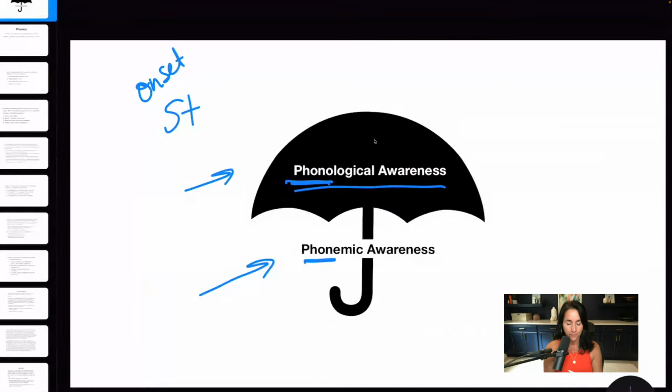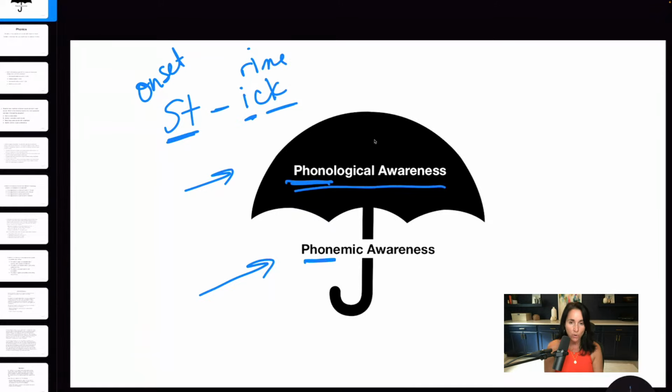Onset. Okay. And then the ick would be the rhyme. This is breaking it up with onset and rhyme. Now, you might say that's not how you spell rhyme. It is how you spell rhyme when it comes to this skill. The onset is the consonant or consonant cluster at the beginning of the word, and the rhyme is the vowel sound and the closing consonants.